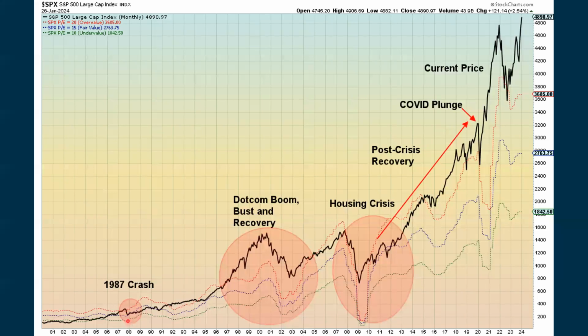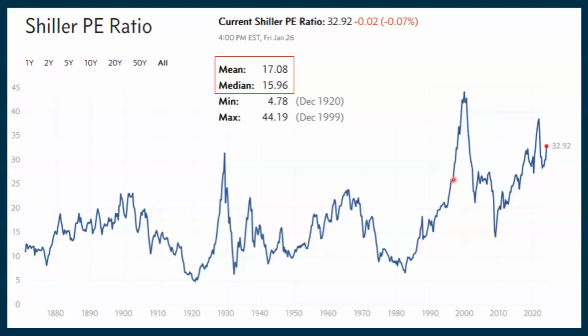We had the '87 crash, the dot-com boom and bust, the housing crisis, of course, the whole COVID plunge, and we can see what valuations were during those times. Most of the time, we tend to be overvalued because when we look back, we tend to see these prices as being overextended. As I said before, the market doesn't always look backwards, it looks forwards.